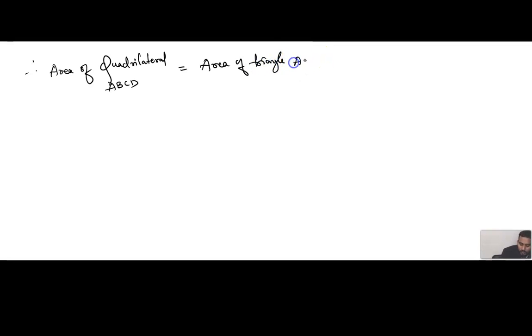So now we can say that therefore area of quadrilateral ABCD is equal to area of triangle ABD plus area of triangle BCD.